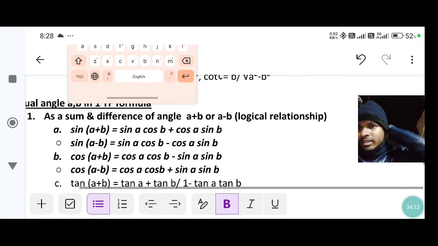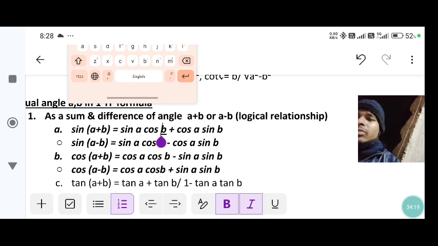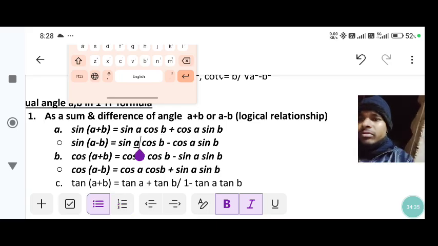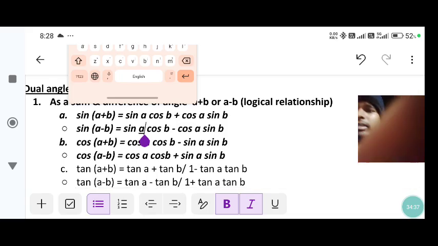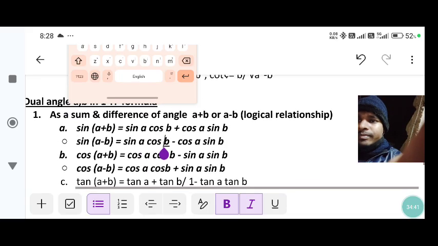Like here we are seeing now that a and b are individual, but if we introduce a plus b as c and a minus b as d, then it will contain the complex terms c plus d by 2 and c minus d by 2.